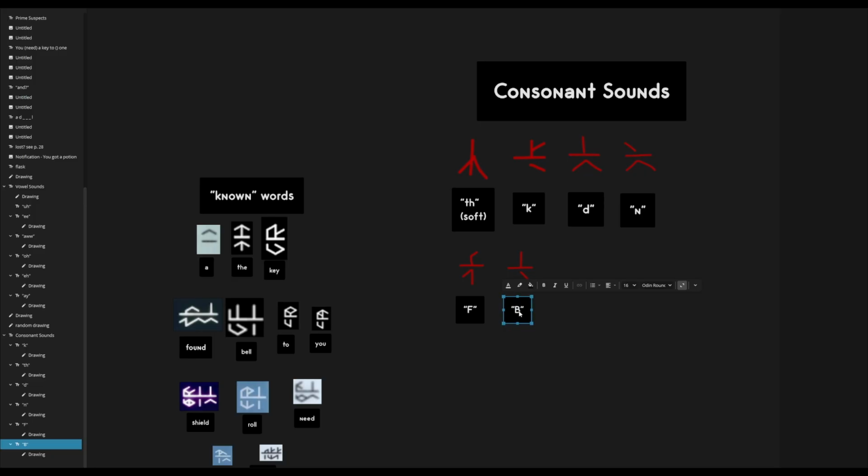Why is this capital? I don't need it to be capital. Why is this capital, guys? F. All right, we've got B from Bell.